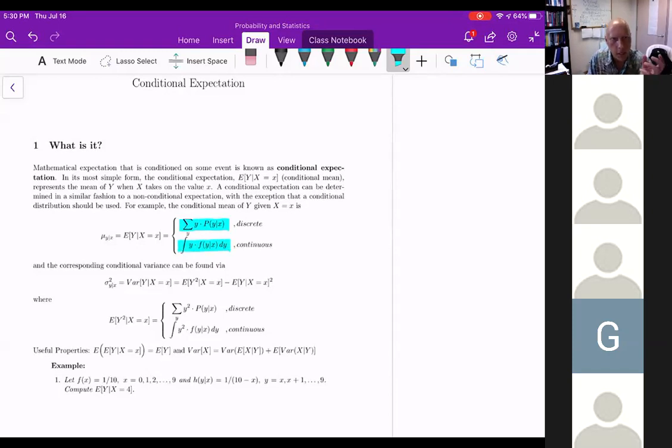And because these are conditional expectations, you need to use conditional distributions. That's really the only change.